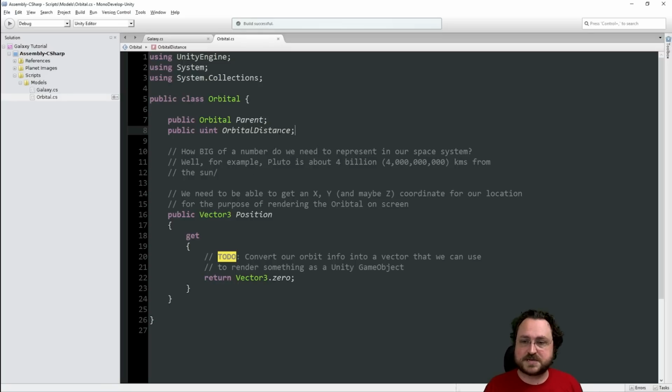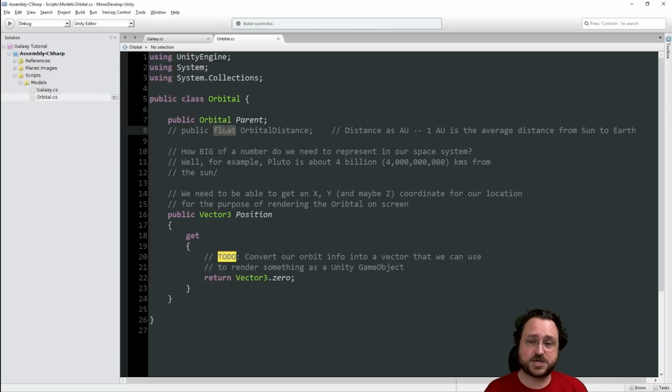So what's the solution there? Well, we can choose different representations. One of the things, if you do use floating point numbers, right? So possibility number one, you could represent distance as AU. AU is an astronomical unit where 1 AU is the average distance from sun to Earth, right? So that would be a good representation for a float.